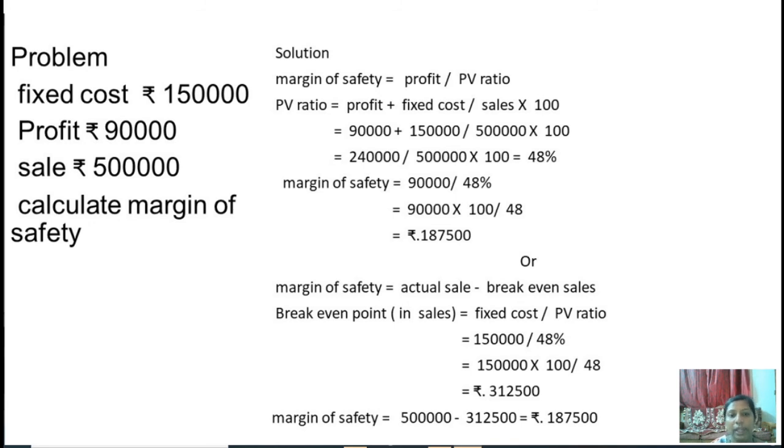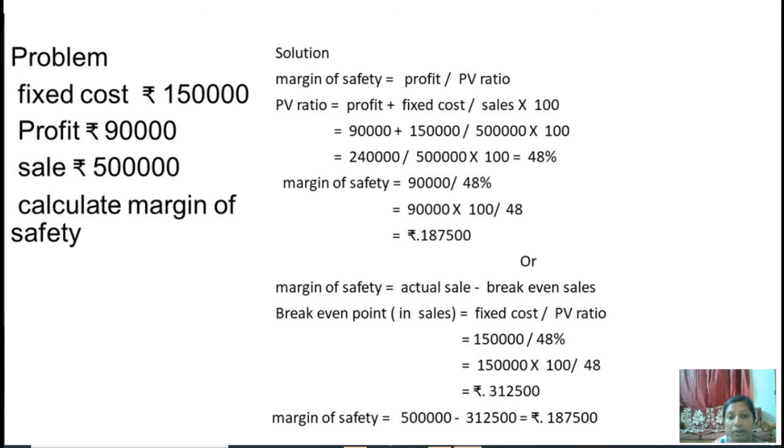Now we calculate the margin of safety. The margin of safety equals profit divided by PV ratio. The profit in the problem is 90,000. So here we are applying 90,000 divided by PV ratio. PV ratio is 48%.